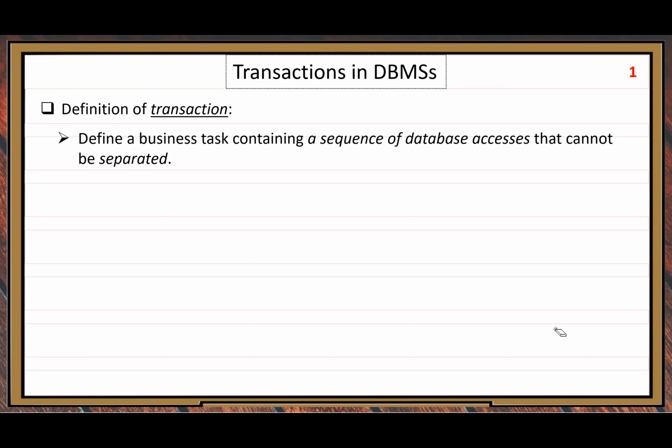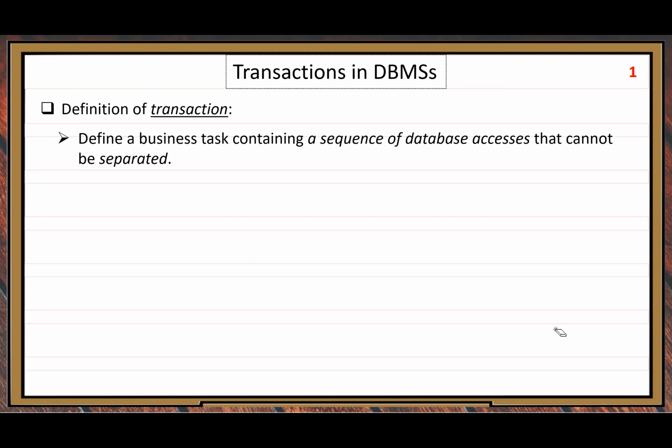A sequence of database accesses. Now, accesses here, you can think of those basic query operations: retrieval, insertion, update, and deletion, that kind of thing, but it's a sequence. All right, first thing.